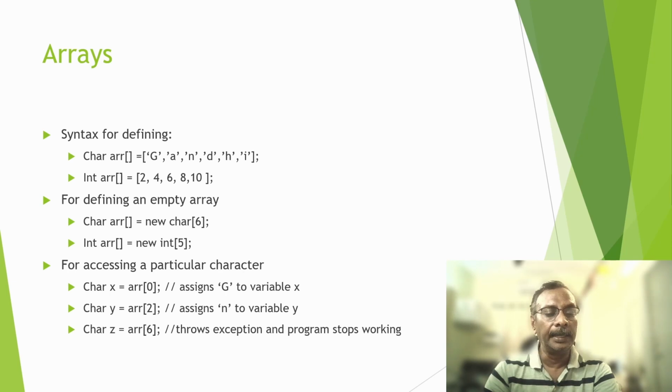So when I say arr of 2, it will assign n to the variable y. And what if I say arr of 6? The index of g is 0, 1, 2, 3, 4, 5. Only 5 is there in the array. So in this array arr, you are trying to access index 6, which is the 7th element.